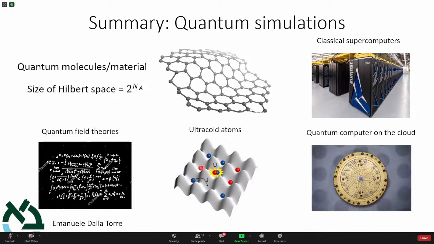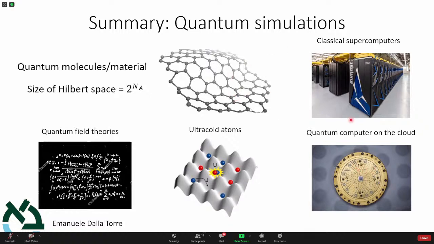In recent years, and that's what I gave you here as an example, there is another system that allows you to do quantum simulations, and it's quantum computers, and in particular quantum computers on the cloud. You can think of a quantum computer as a computer scientist would, something that runs an algorithm, but you can also think of it as a quantum system that simulates another quantum system.